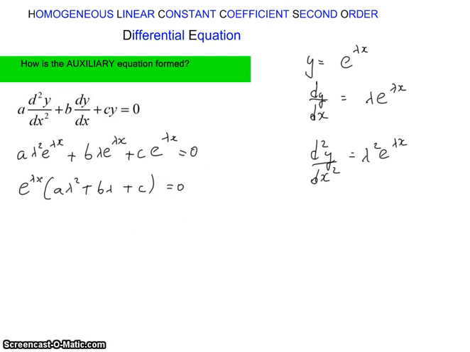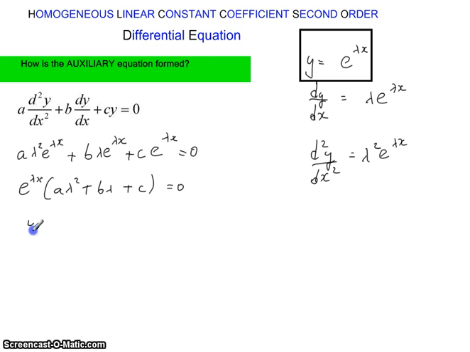Now, for y equals e to the lambda x to be a true solution of the differential equation, it means that a lambda squared plus b lambda plus c must equal 0.